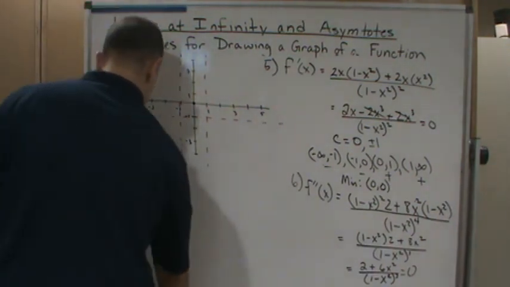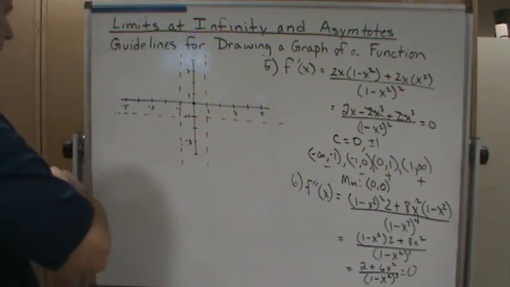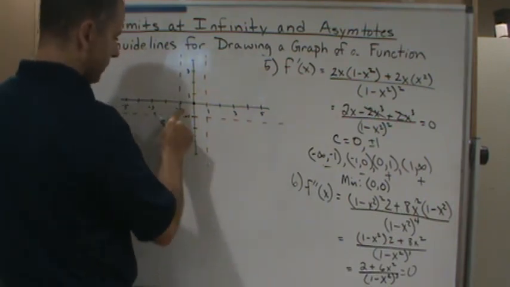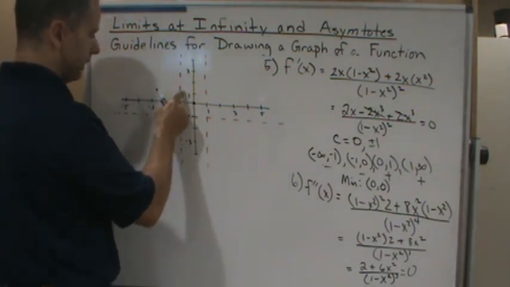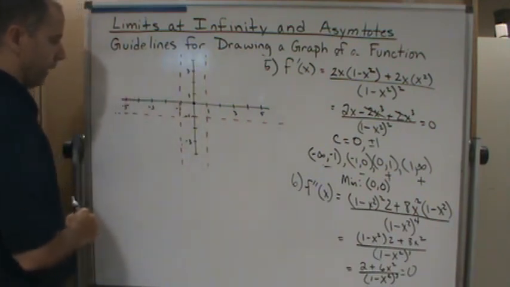Okay, and we know it does not cross the horizontal asymptote. And so now, since this point isn't here, we know it stays within this area. Okay?